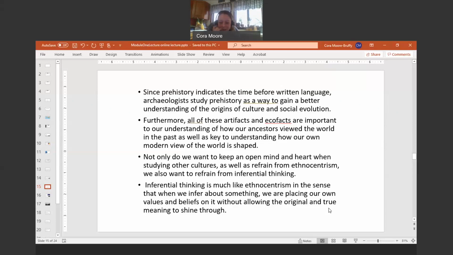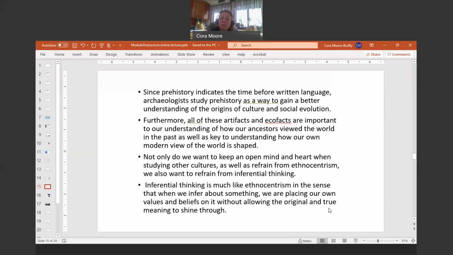All right. So, as I said, all of this is just about developing that compassion, respect, and understanding for our cultural diversity, for our individual diversity, and for ourselves. And so we want to be holistic, we want to be pluralistic, we want to refrain from ethnocentrism.